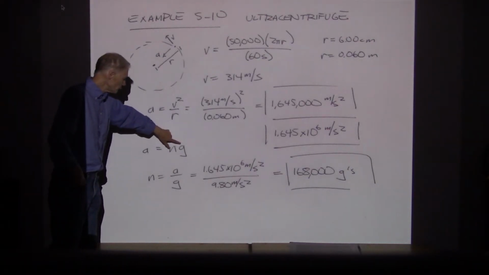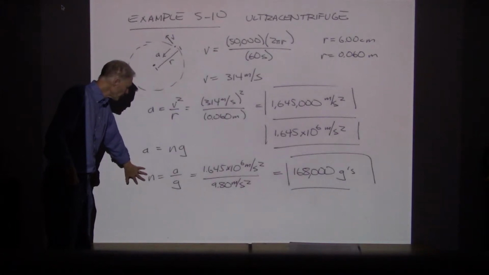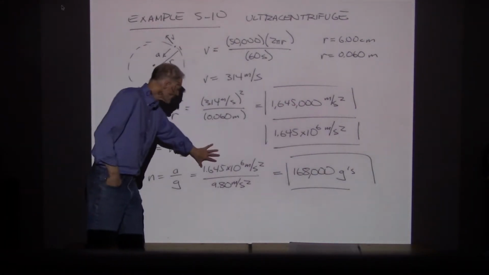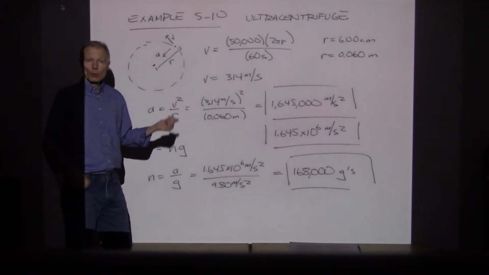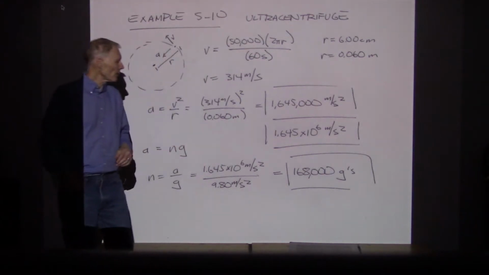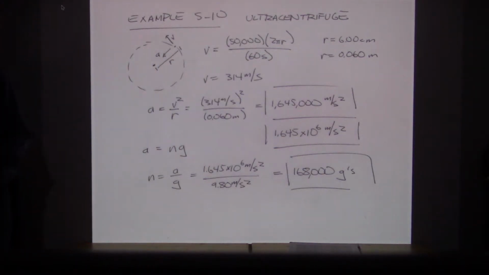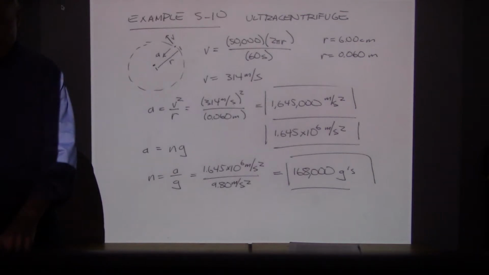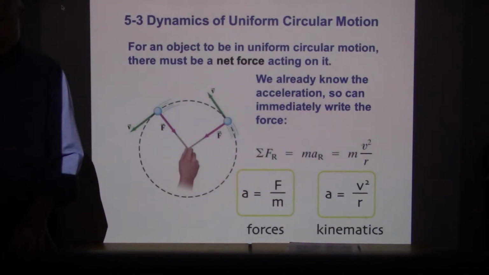So the number of g's is equal to a over g. If I take the acceleration that we're seeing with this ultracentrifuge and divide it through by g, I end up with 168,000 g's. It's a very large acceleration, and so it will be effective at separating out these materials according to their densities.